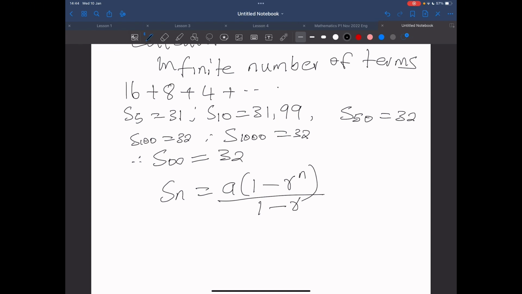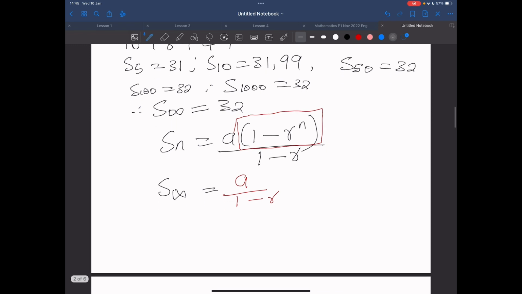To get the sum to infinity, we will remove this part here, and we are left with a over 1 minus r. So that will give us our sum to infinity. Right, so this is our formula for sum to infinity. Now let's see whether it will work on this one. Is it going to give us 32 as we have concluded?